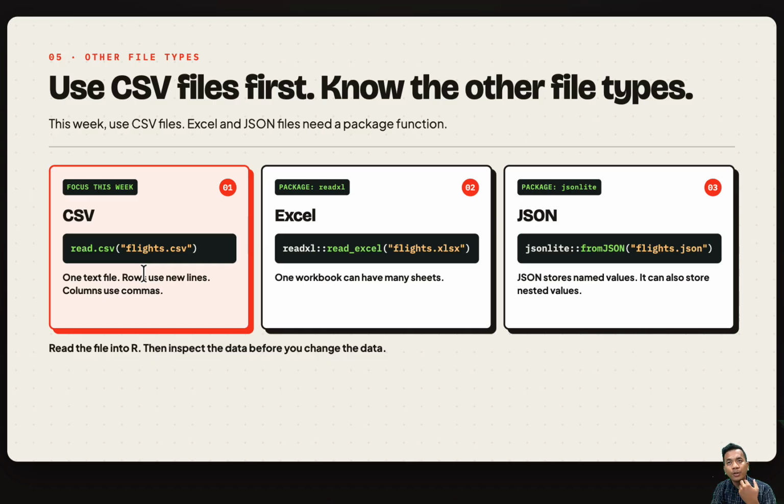But if you want to do the manipulation and analysis for other types of data such as Excel, JSON, SQL, Parquet data and so on, it is possible as well. So that's the reason why we provide this slide, because I wanted to tell you it is possible to use other data than CSV.